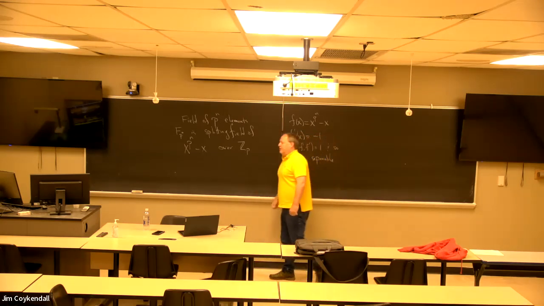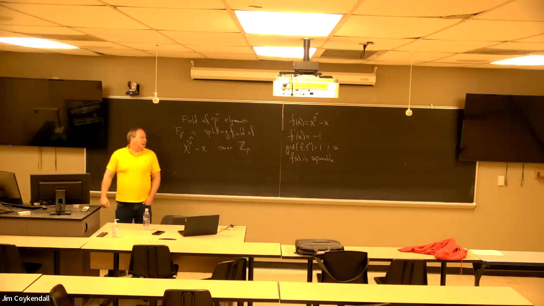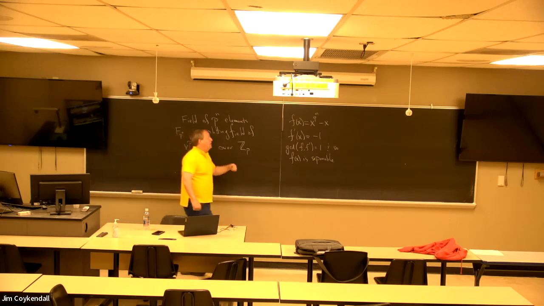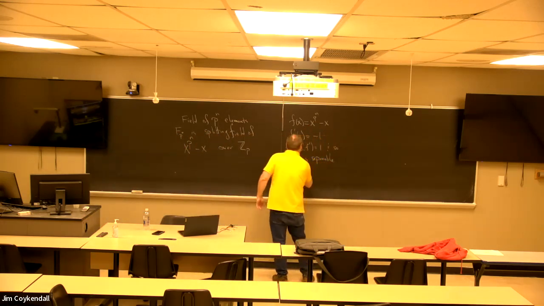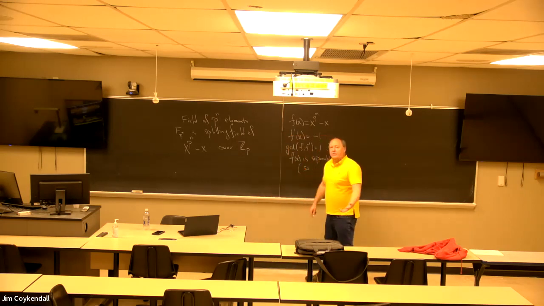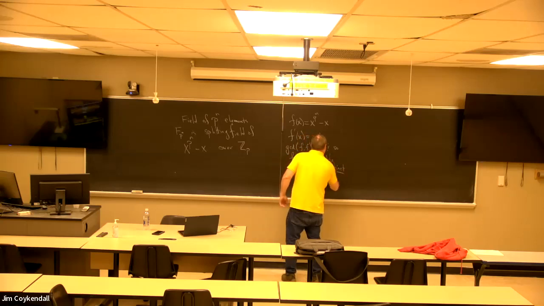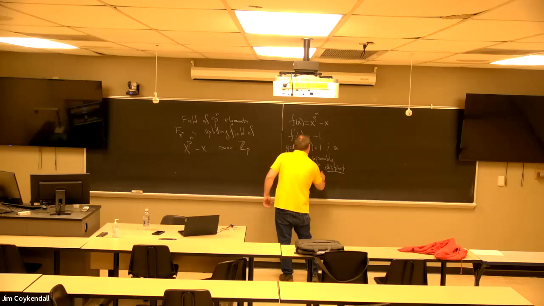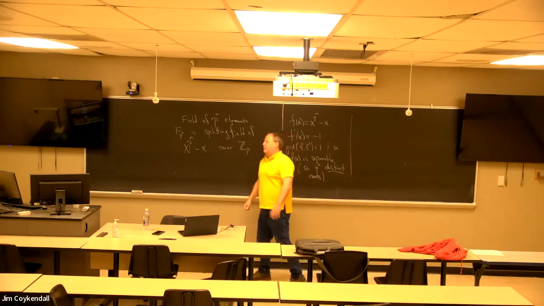Now, what this means is in the splitting field of this polynomial, we have exactly p to the n roots. Let me be more precise, p to the n distinct roots. And let me just verify something: this thing has got this glob of p to the n distinct roots.